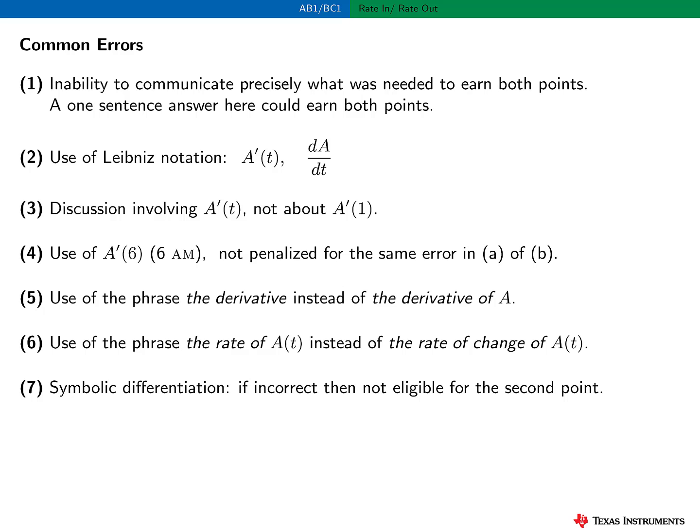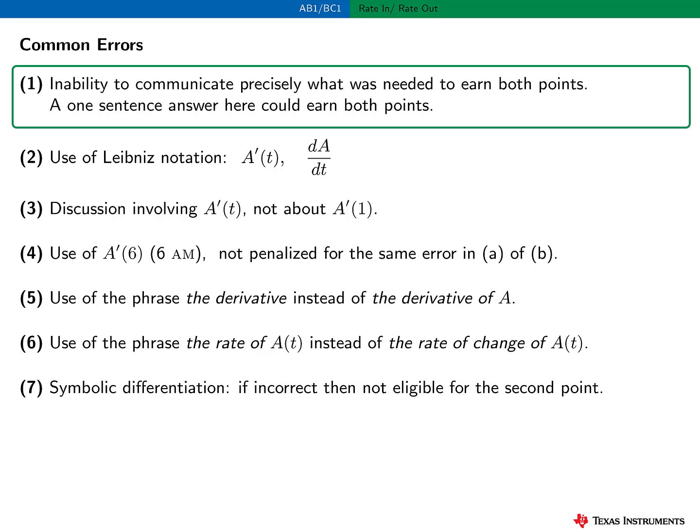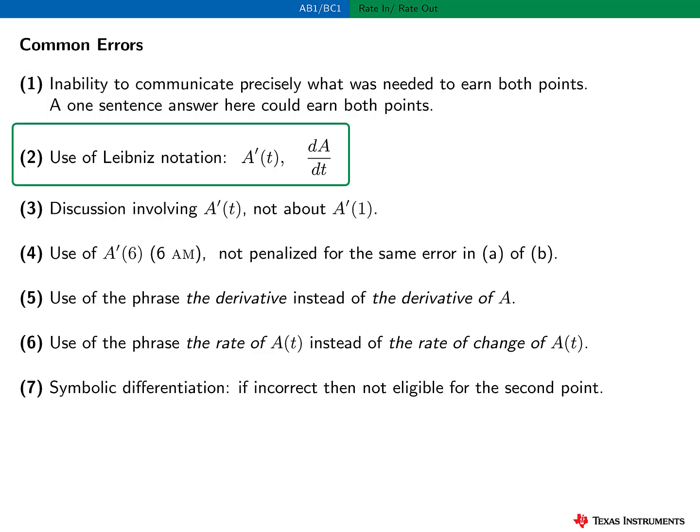Here are some common errors in Part C. Some responses simply did not communicate precisely enough in order to earn both points. As indicated in the previous slide, a simple one-sentence response could earn both points here. Some responses did not use Leibniz notation correctly.